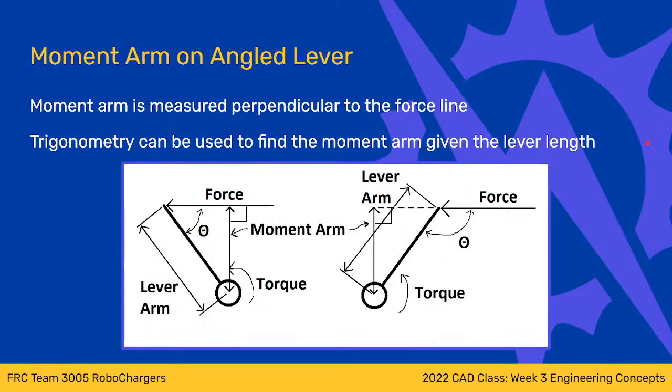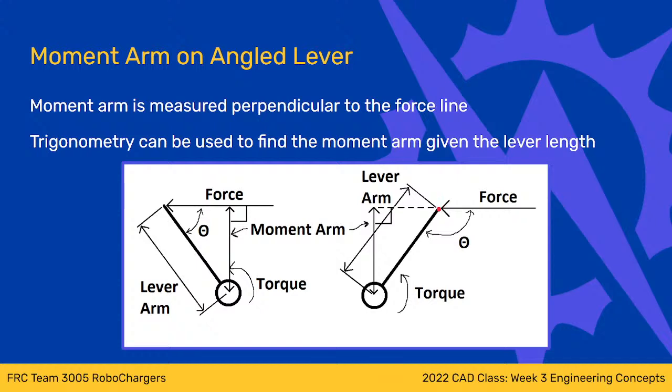And so if we go to the next page, I've got a little better diagram, right? What we actually care about is if we continue this force line across infinitely in both directions, we want to know this distance here, which is measured perpendicular to the force line, right? I hope these diagrams help explain what we're talking about when we're measuring the perpendicular distance between the force line and the pivot, because that's what actually matters.